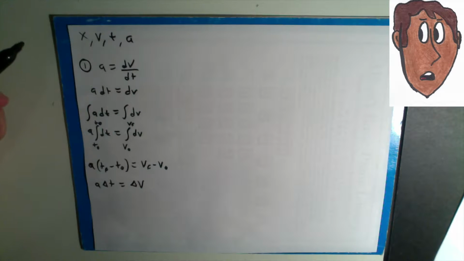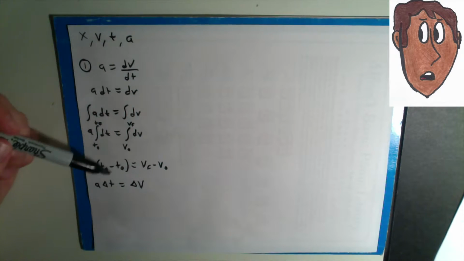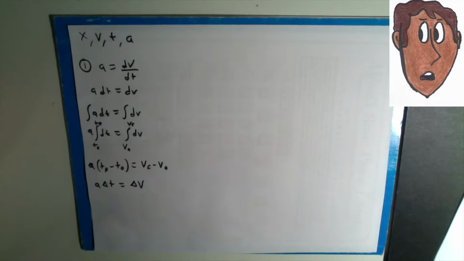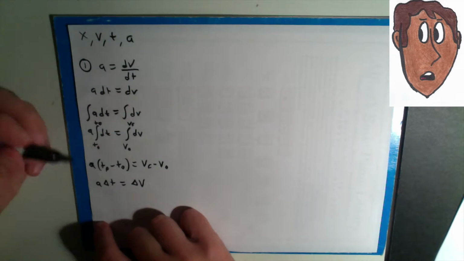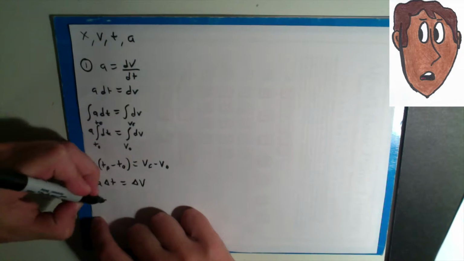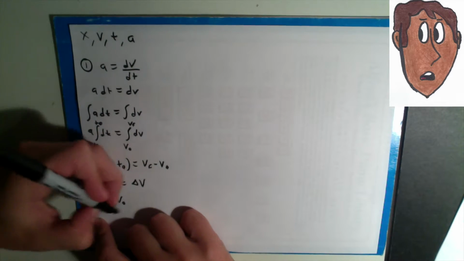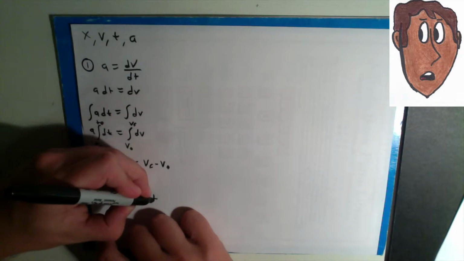And what you'll often see in your textbooks is that we use a delta t because the change in time is just a change in time. But we want to know final and initial velocities. Those are key pieces to know. So we often write this, bringing the v naught to the other side, as v final equals v naught, or just v, v naught plus a delta t.